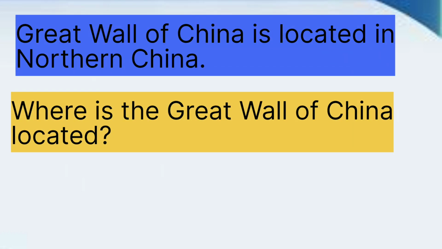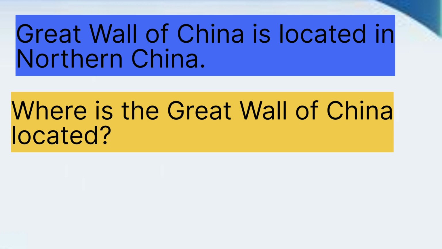In this case, the auxiliary verb or helping verb is already present in the statement, that is is. So, let us use the auxiliary verb after the WH word. Where is the Great Wall of China located? Question mark. Here, the verbs are used as they are to maintain the tense of the statement.